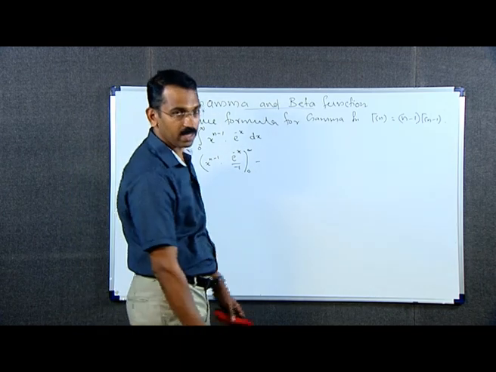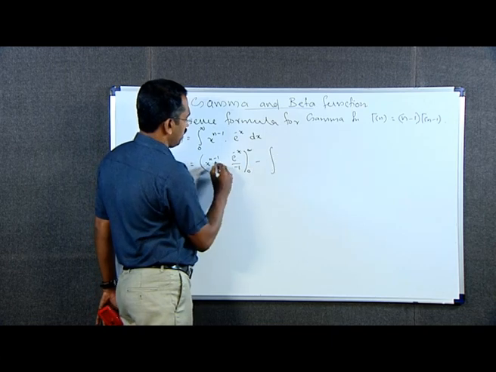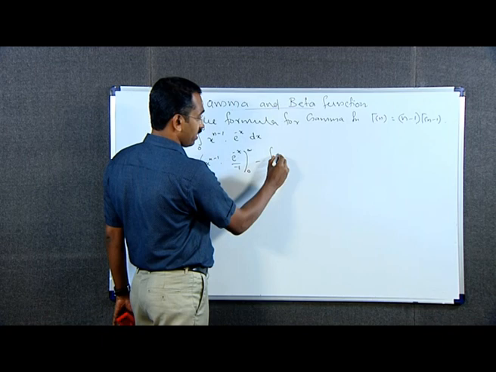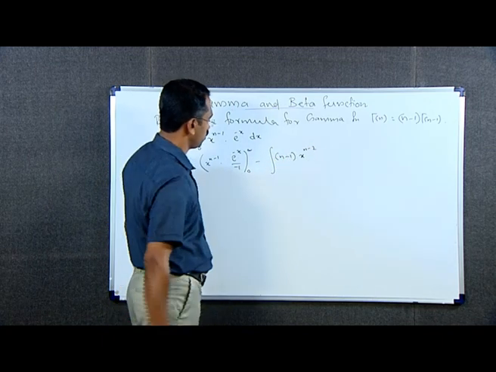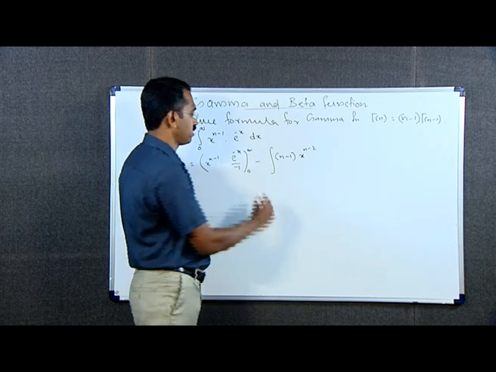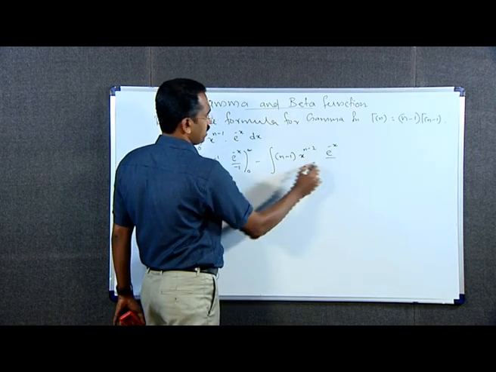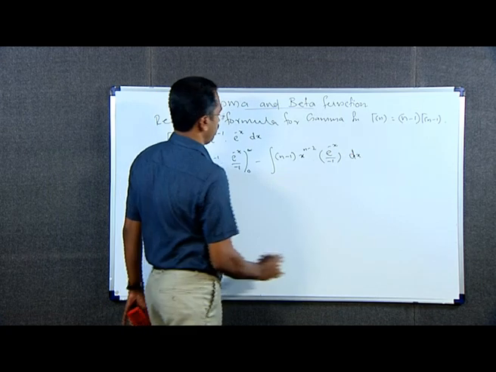minus integral of derivative of the first function, that is n minus 1 into x raised to n minus 2, into integral of the second, that is e raised to minus x divided by minus 1, dx.